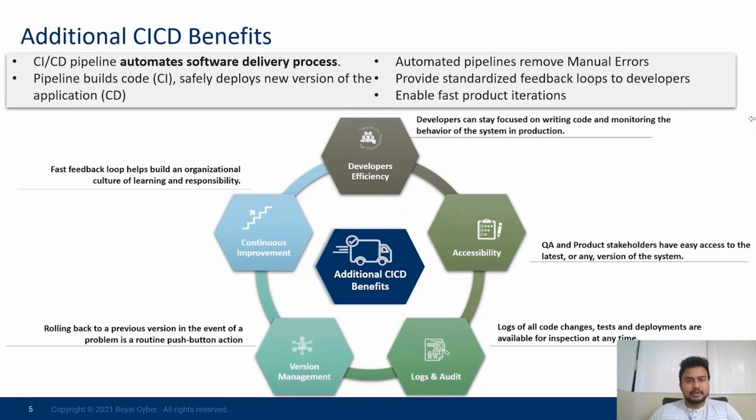Some additional benefits to go with it are: it helps the developer to stay focused on development. All the stakeholders have easy access to the latest, or for that matter, any version of the artifact. All changes are logged and can be backtracked at any point. Easy and effective rollback in case of deploy time failures.